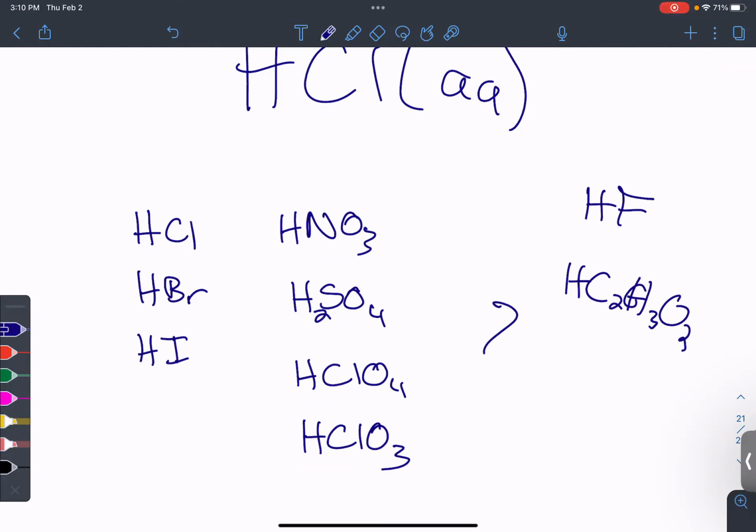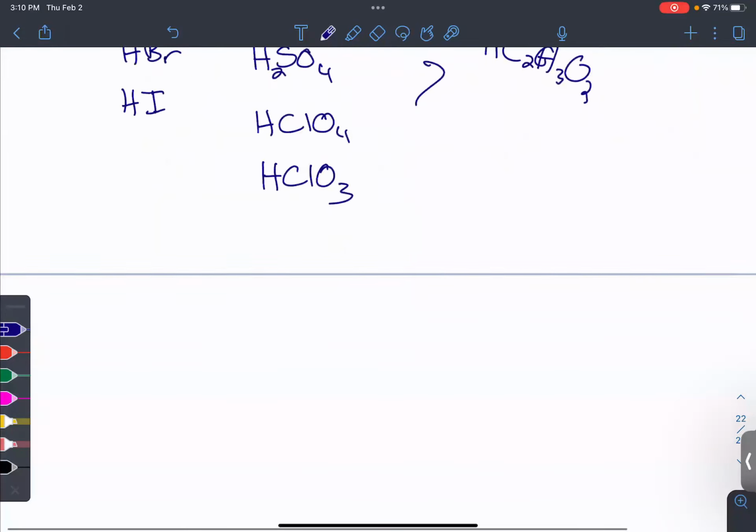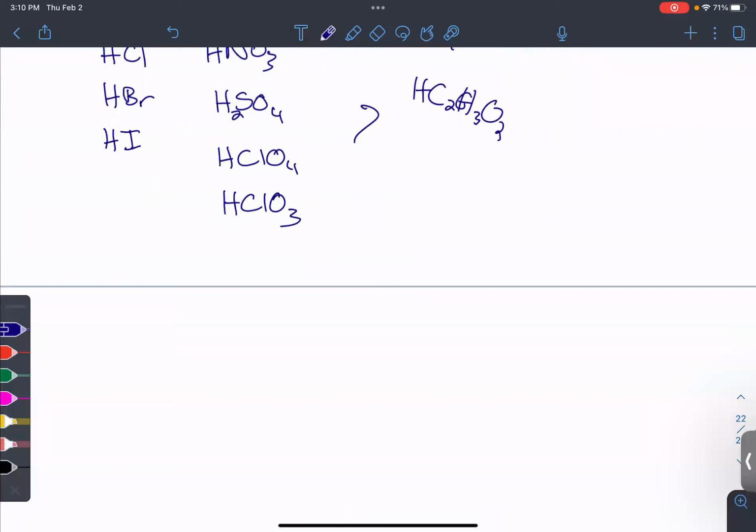How can we tell what strong bases are? What's a strong base? Base means what usually? Hydroxide. So strong bases are typically metal hydroxides, so group 1 and 2 particularly. Any lithium, sodium, potassium hydroxide are strong bases.